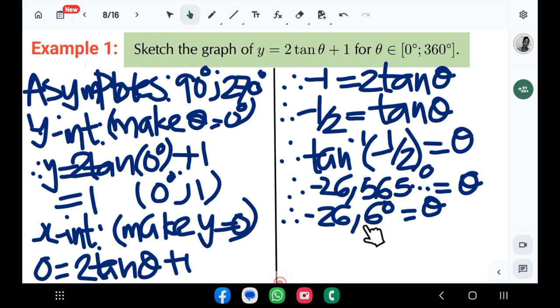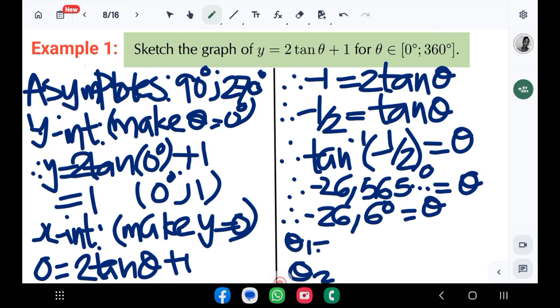So now how do we figure out, between this domain of 0 and 360 degrees, where the first one becomes? Remember, all the milestones are 180 degrees apart. So what you do is you add 180 to this -26.6. So you get theta 1 and theta 2.